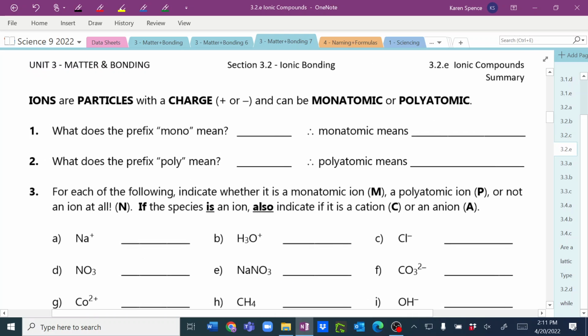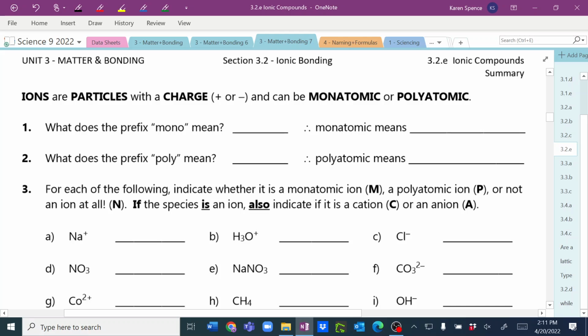Ions are particles with a charge. Hopefully you remember that from the last unit. Ions, particles with a charge. They can either be monatomic or they can be polyatomic. What does the prefix mono mean? Mono means one.